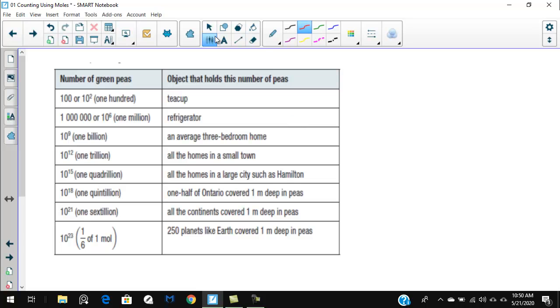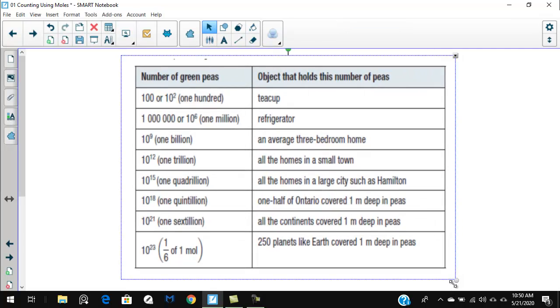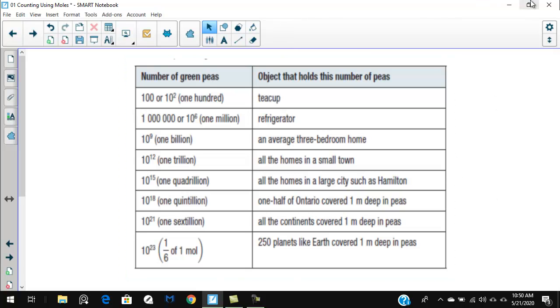Now, I just pulled up an idea to give a sense of what a mole looks like and how much we're really counting, because it's an incredible number of particles. This is a comparison using green peas. Anywhere from 100 would fill a teacup, and you can look through the rest of these. As you move down through it, we just continue to fill up more and more containers.